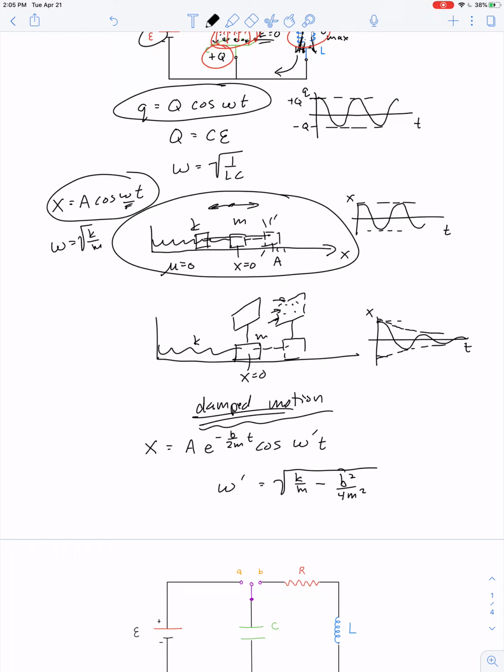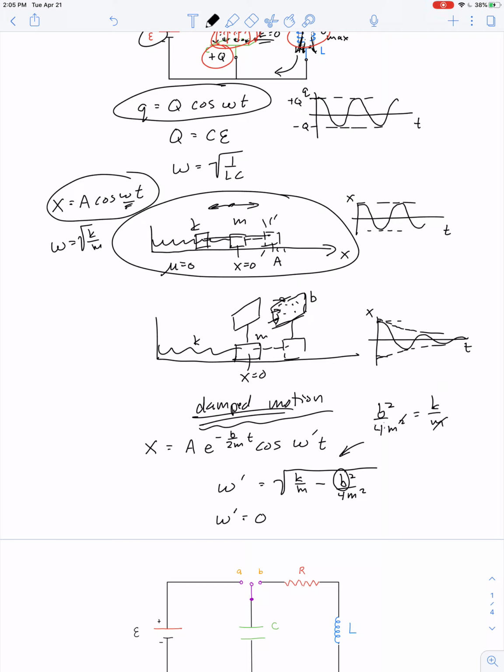So with the correct value of b, if I can create the right drag coefficient for this sail, I can establish something known as critical damping, where the oscillations go to zero frequency. And that would be the case if b squared over 4m squared were equal to k over m.